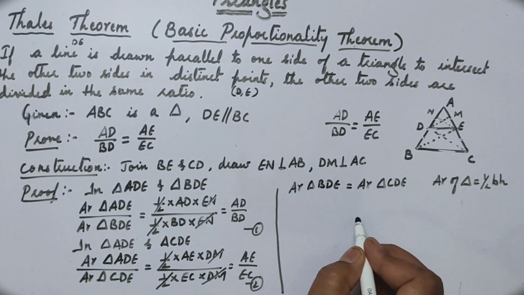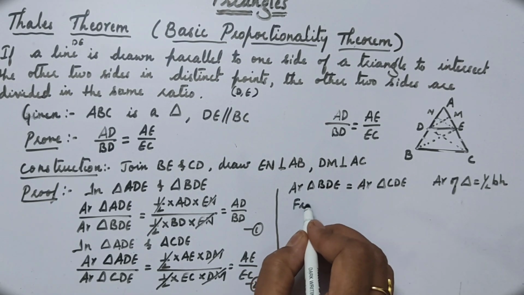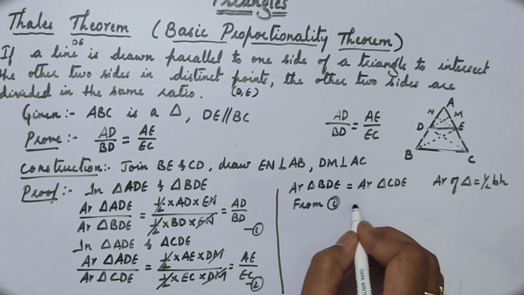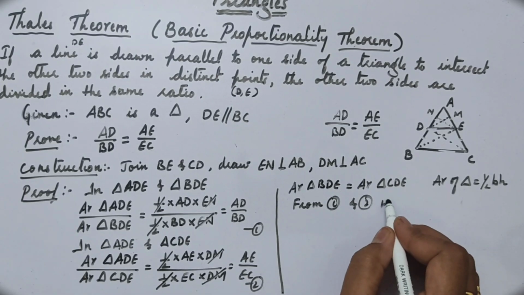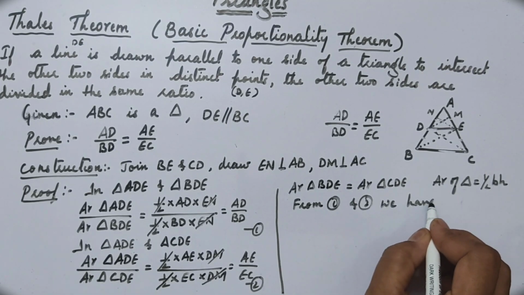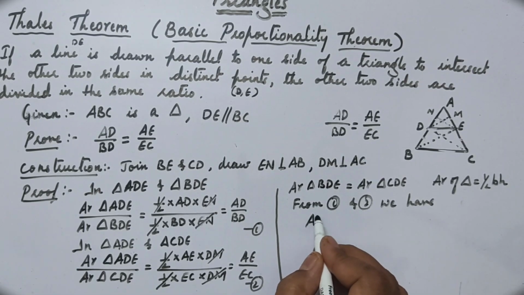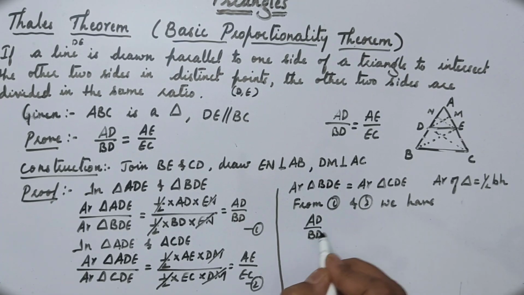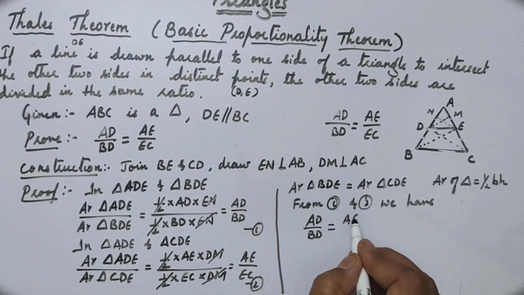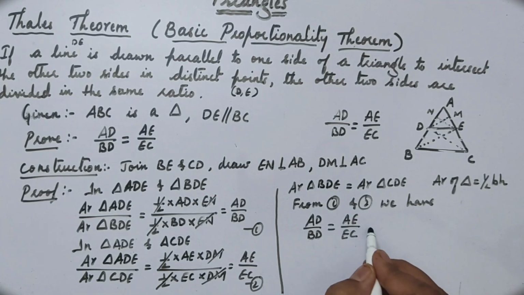Okay. So from 1 and 2 we have, see, BDE is the same as CDE. Then I can say that both are equal, that is AD by BD equals AE by EC. Okay, proved. I hope this is clear to you all, students.